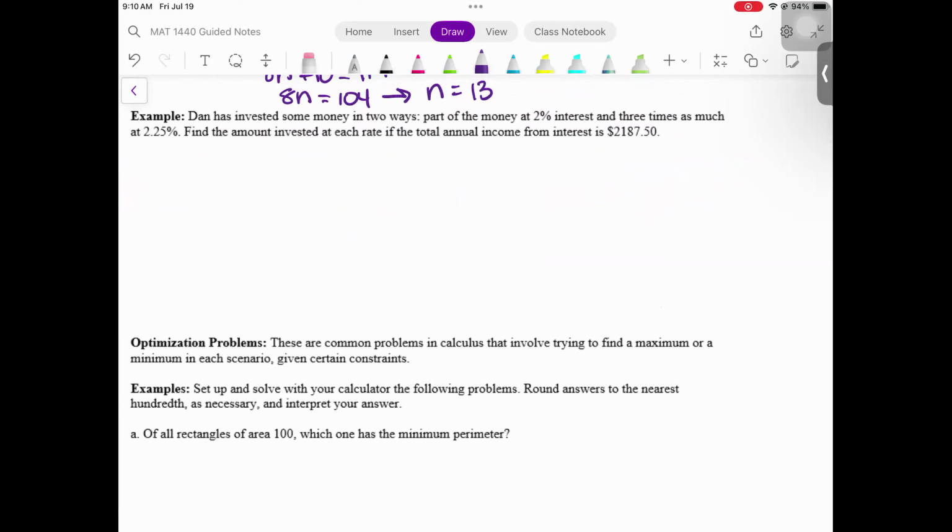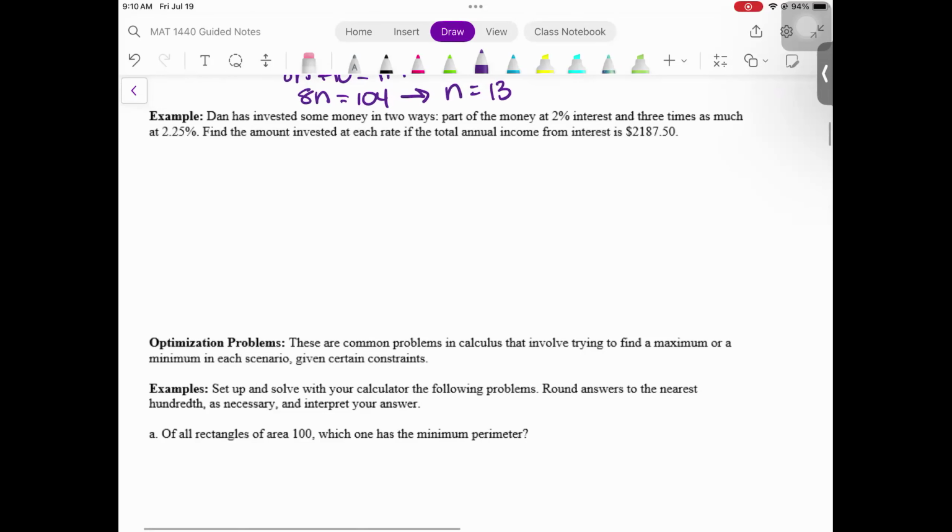Dan has invested some money in 2 ways. Part of the money into a 2% interest and 3 times as much money into a 2.25% interest account. Find the amount invested at each rate if the total amount of annual income from interest is $2,187.50.